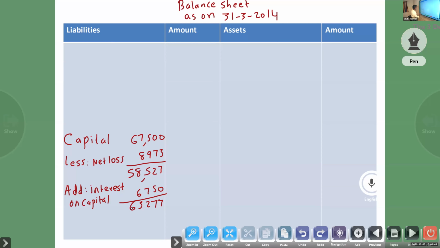Next, less drawings. It is given in the trial balance, 19,530.